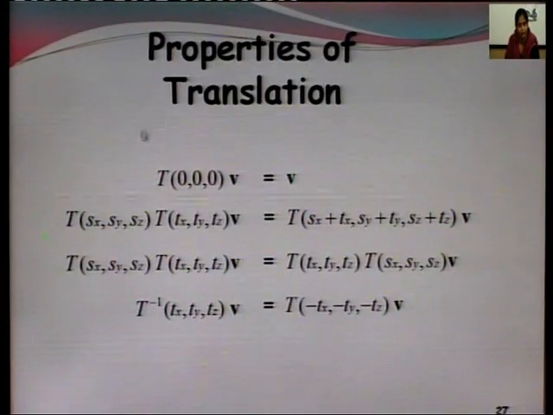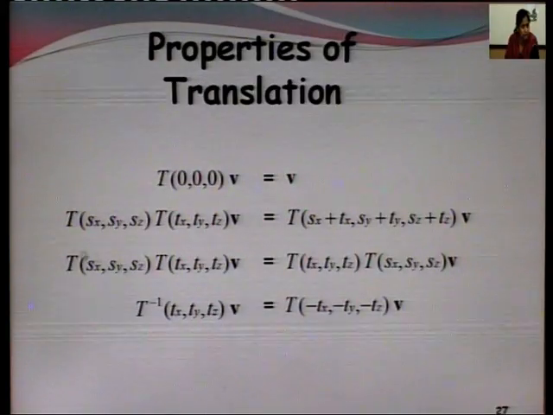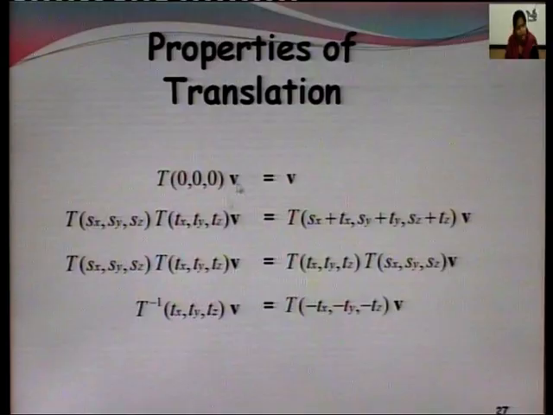What are the properties of the translation transformation? If the translation distances are 0, 0, the transformation is identity, meaning the object will remain at the original position. Two successive translations are additive, meaning first we displace the object, then subsequently we displace it by another distance, and the same result can be achieved by adding the translation distances.